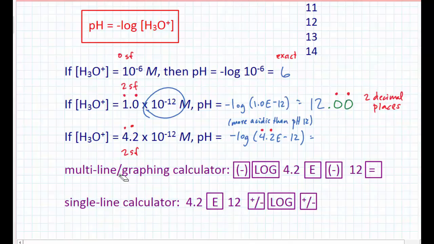And then what did we say is the special thing we do when we take a logarithm of a number? What do those significant figures become? They become decimal places. So the two significant figures that we started with turn into two decimal places. So our actual answer is going to be 11 point what then? Yep, 11.38.